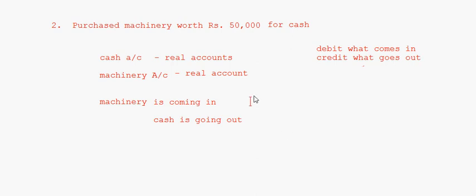So here what is coming in? Machinery. So that means machinery will be debited, and what is going out? We are paying cash for purchasing that machinery, so cash is credited, right?